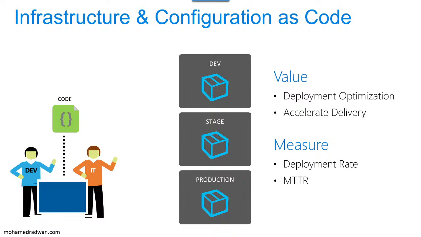And this will help with deployment optimization and accelerate the delivery. And of course, I can have some KPIs or measurements like deployment rate, for example, or mean time to repair. All of these measurements I can keep measuring so I can understand the health of my environment.